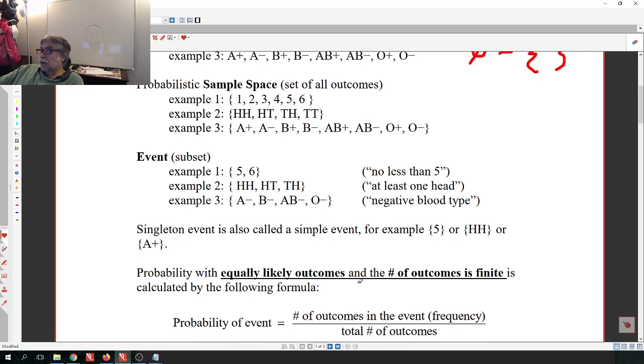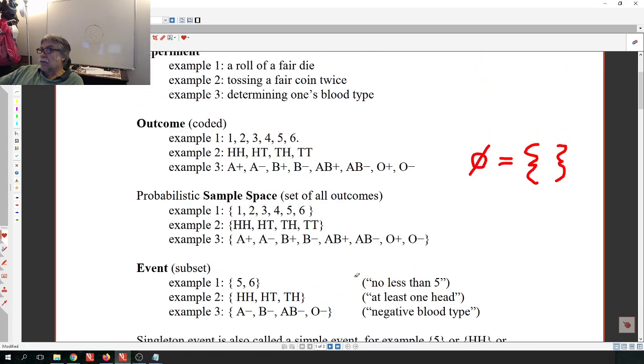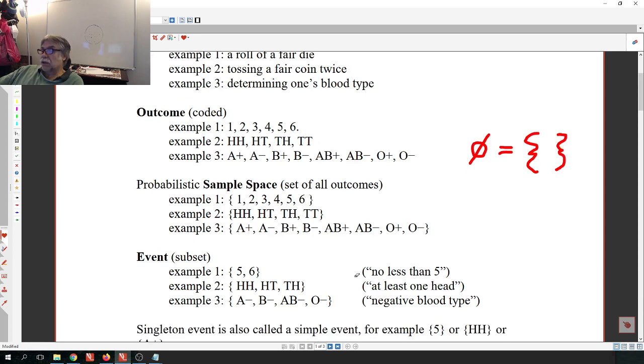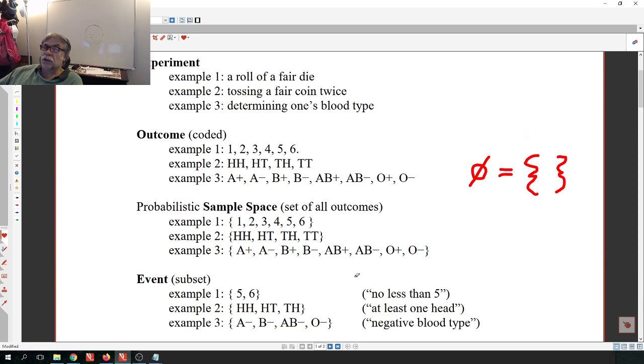Now the question is, finally, once we have the notion of experiment, notion of outcome, notion of sample space, and the notion of event, what is a probability? That's a good question. We are going to define a probability as an assignment. Now, this is known in pre-calculus and algebra as a function. So probability is some sort of an assignment, a function. But when you have an assignment, you're assigning something to something.